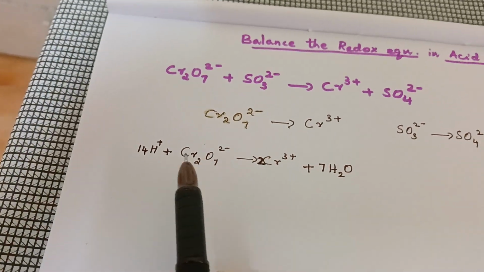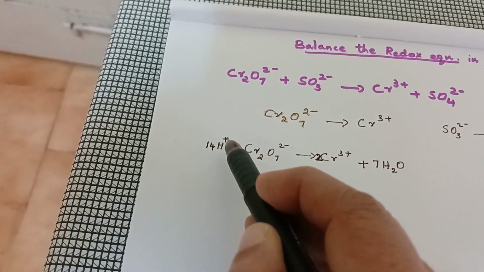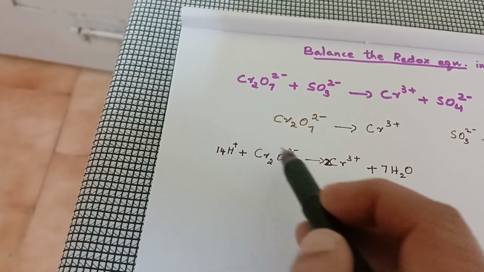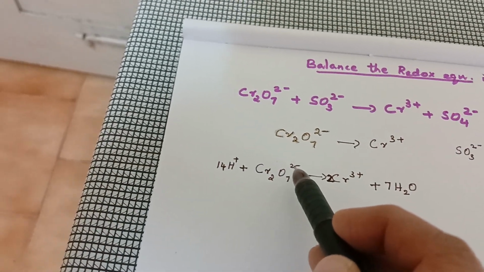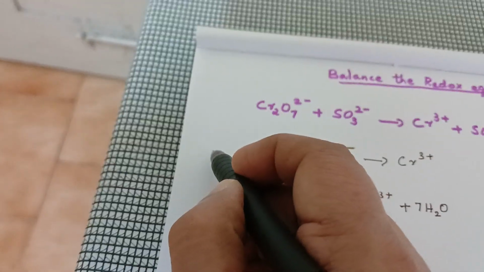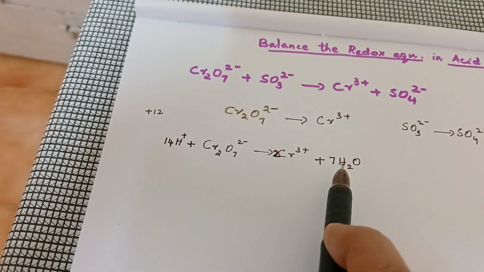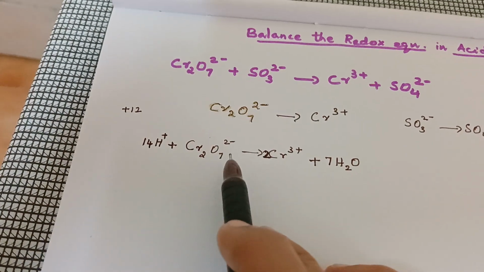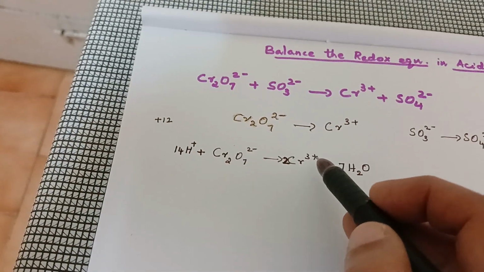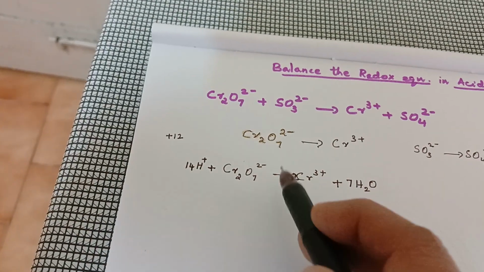Now we have to see the charges. Here we can see 14 plus, that means +14, and here -2. +14 and -2, resultant is +12. What about on the right hand side? We have 2 Cr3+. So 2 into 3+, that is 6+ charge on the whole of right hand side.